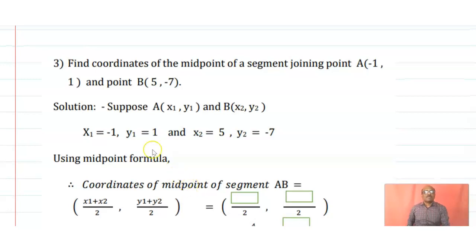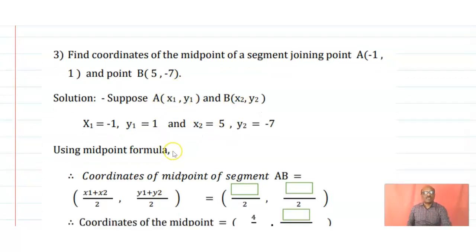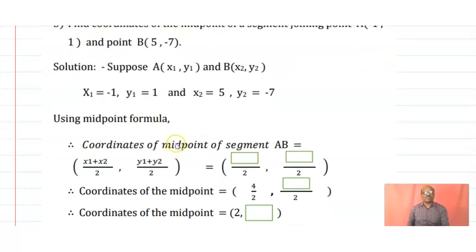Next, find the coordinate of the midpoint of a segment joining A (minus 1, 1) and the point B (5, minus 7). Suppose that again this A is x1 y1, B is x2 y2. Now by the midpoint formula, x1 plus x2 upon 2.